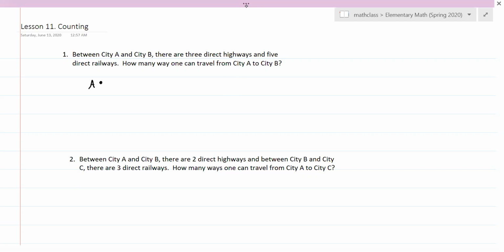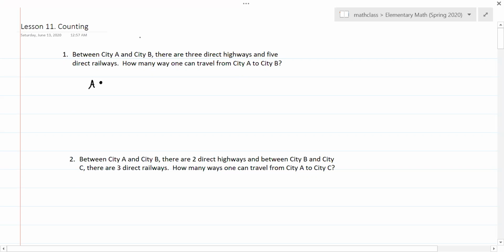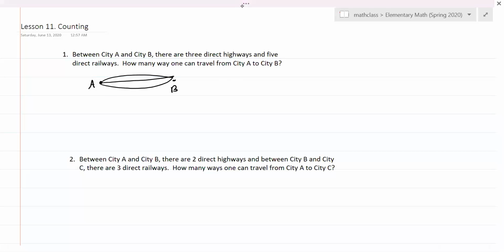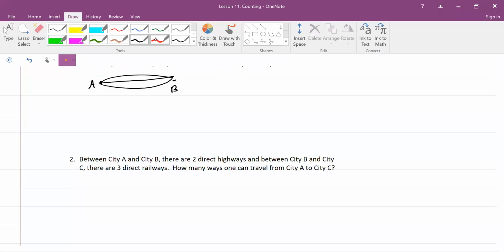How many cities are we considering here? We have A and B. Between city A and B, there are 3 direct highways, and 5 direct railroads. I'm going to use different colors.